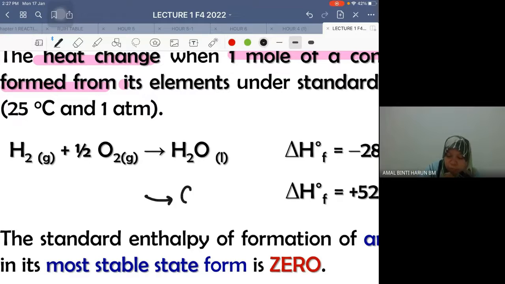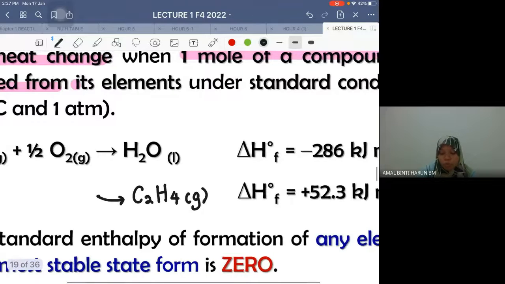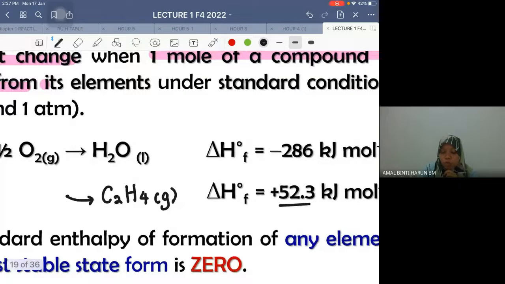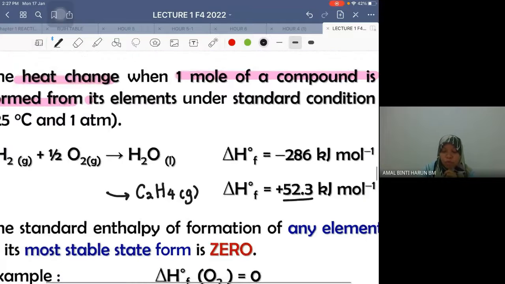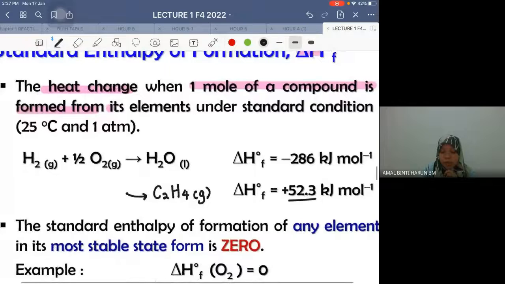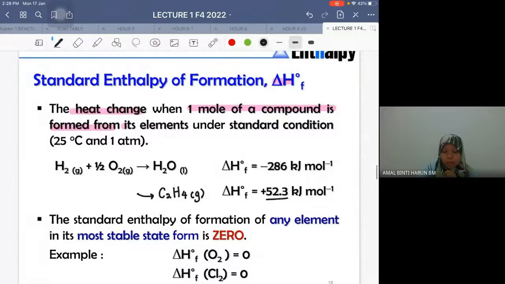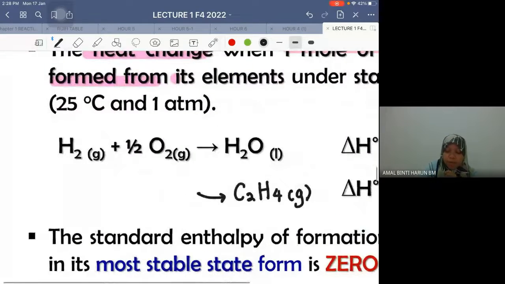So it is C2H4 gas. Okay, the energy required to form this 1 mole of ethylene is 52.3 kilojoule per mole. Maksudnya untuk form 1 mole ethylene ni, dia perlukan berapa banyak? Dia perlu made up of its element. Element dia adalah carbon dan hydrogen.